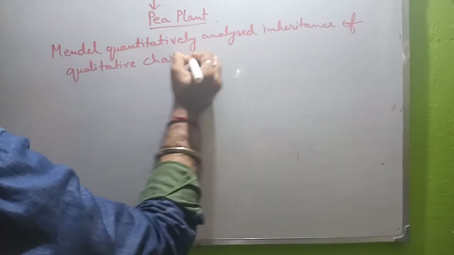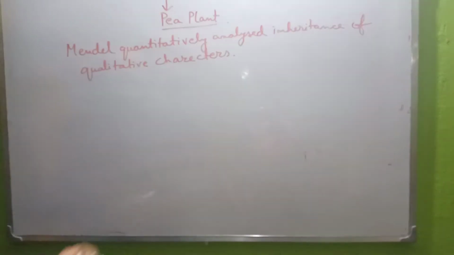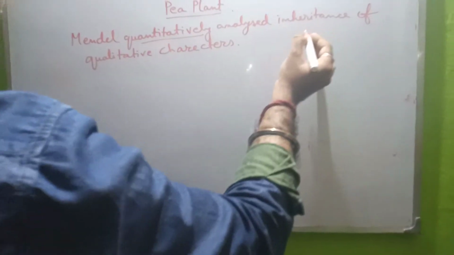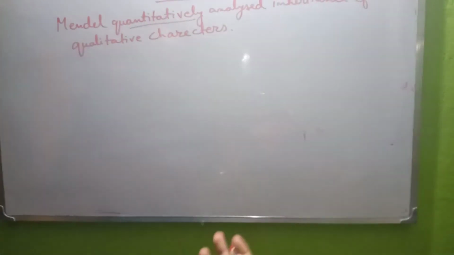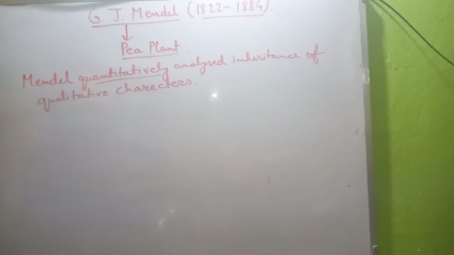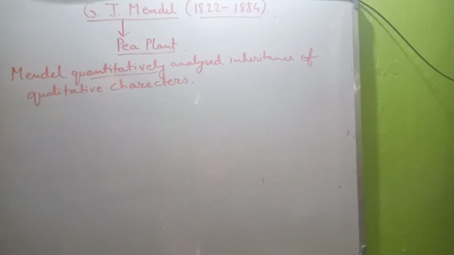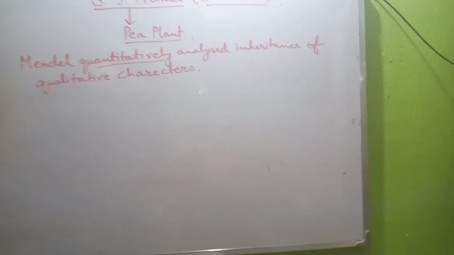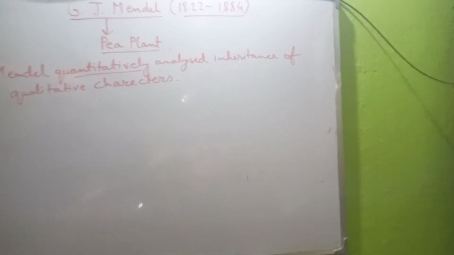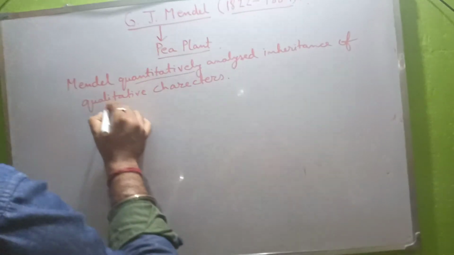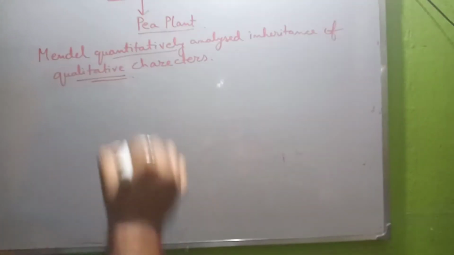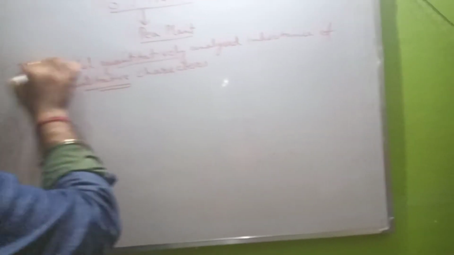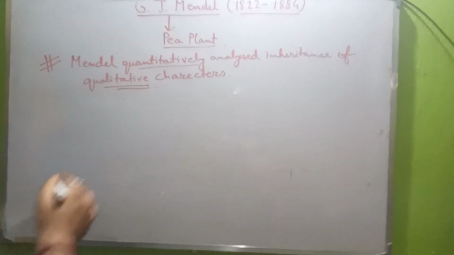Now this is a very, very important line, because he quantitatively analyzed qualitative characters, which means what was the exact quantity, the number of characters that they have got, and what were the qualities, whether the seeds were round, yellow, white, or what were their shape, size. All these things were the qualities of a pea plant. So that was the main thing. From here you can get questions for your AIIMS and all examinations.